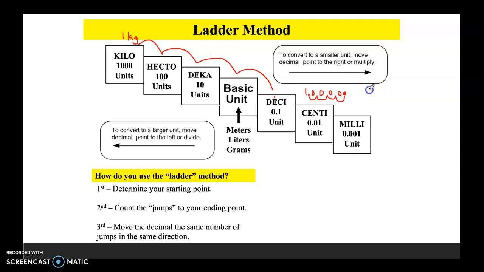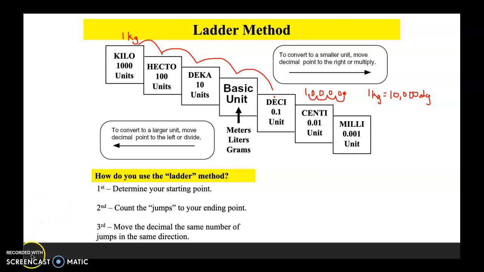So that means that 1 kilogram equals 10,000 decigrams. Sorry, my handwriting is not awesome on the computer. So 1 kilogram is 10,000 decigrams.